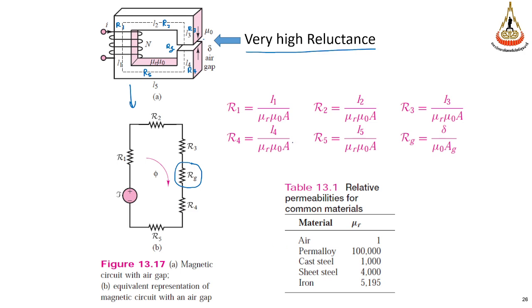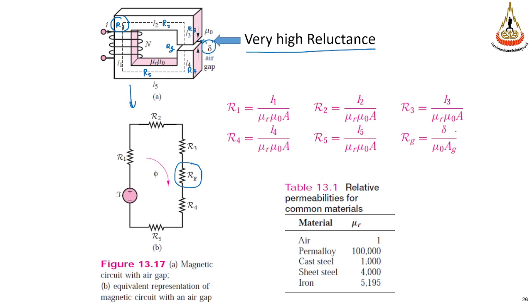So if you substitute the reluctance formula, R1 will be L1 divided by mu r mu 0 A, right? This is R1 here. R2, R3, R4, R5. Okay. And RG.